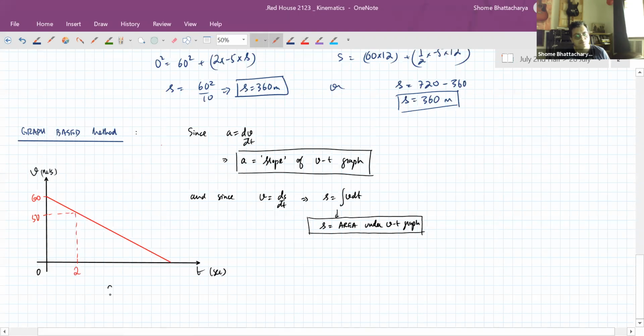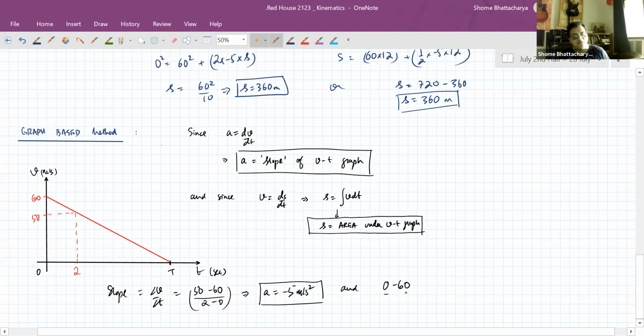So you can see the slope is 50 minus 60 upon 2 minus 0. And also to find this time t, 0 minus 60 upon t minus 0 should be equal to a.